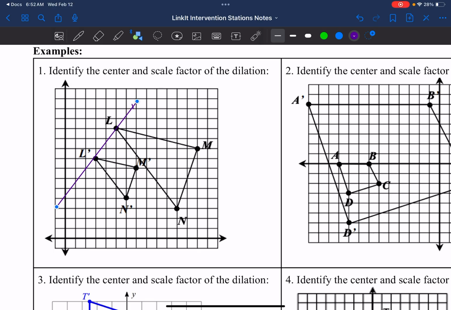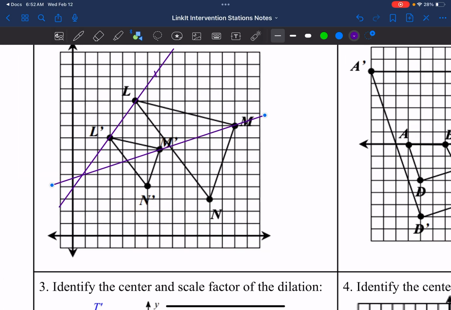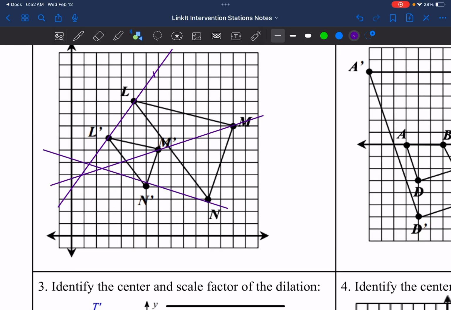I may need to do a little bit of readjusting in order to get it accurate. Then I'm going to do the same thing for M and M prime, readjusting as needed, and then the same thing for N and N prime, also readjusting as needed.